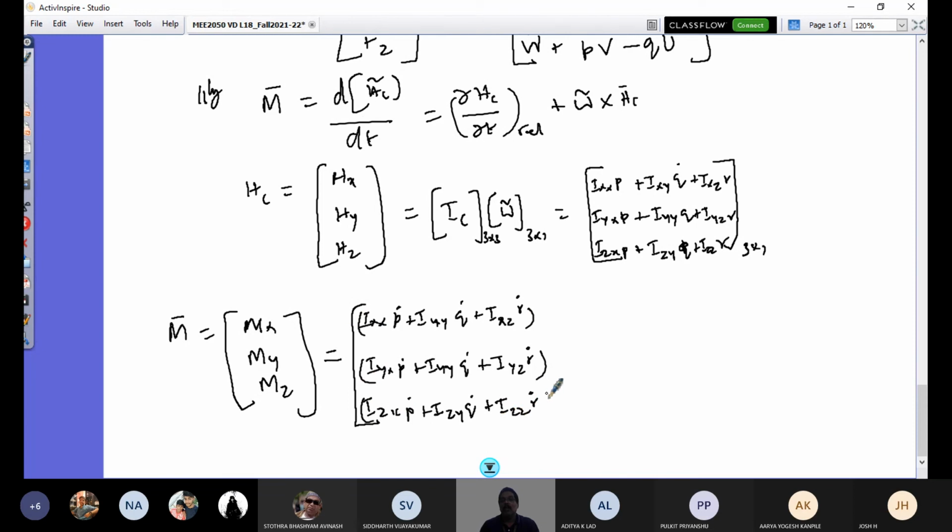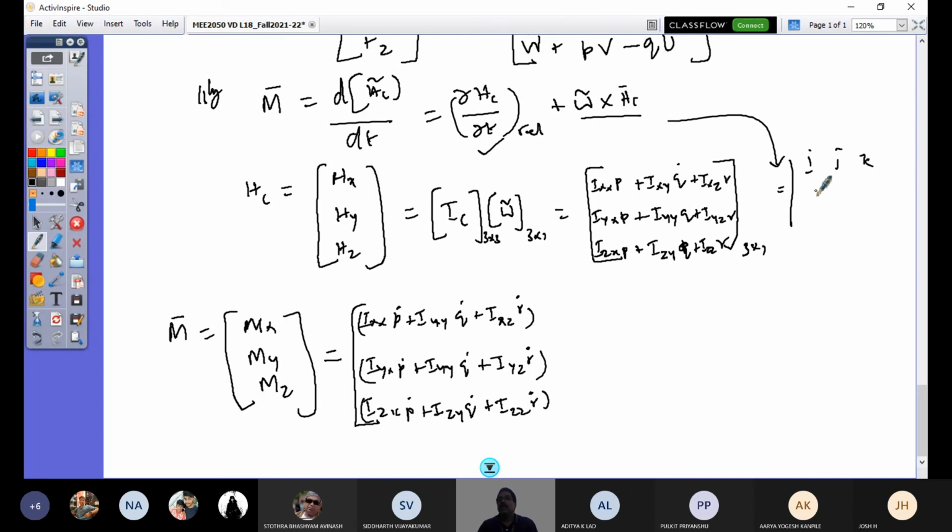That's the ∂Hc/∂t term. Now this determinant would be what? This would be the determinant with i, j, k, omega being p, q, r, and Hc is this.